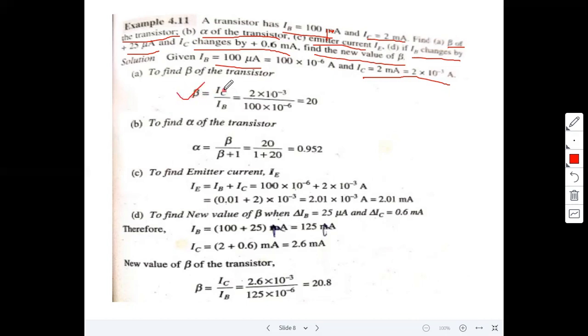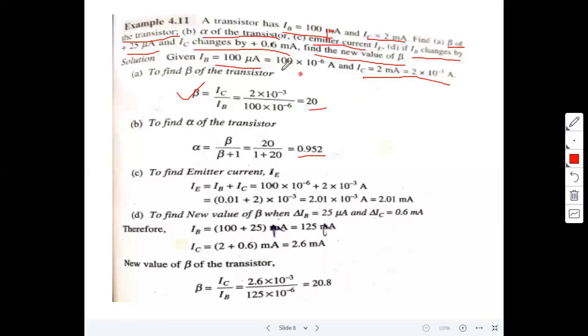From that, first one is beta. Beta is equal to IC by IB, that is equal to 2 milliamperes by 100 microamperes, that is equal to 20. Next alpha. Once you know the beta, alpha is equal to beta by 1 plus beta, that is equal to 0.952.